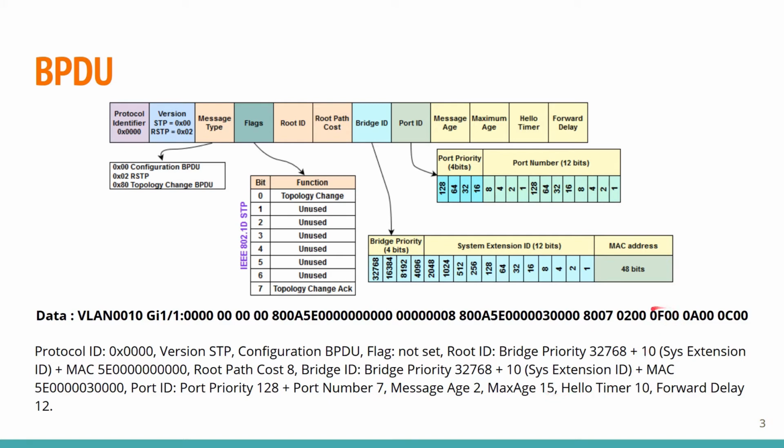This is 15 seconds, F is 15 in hexadecimal. Next one is hello timer. Hello timer I changed to 10, and A is 10 in hexadecimal. You can see. And the last one is forward delay. Forward delay I changed to 12, and C is 12 in hexadecimal format.